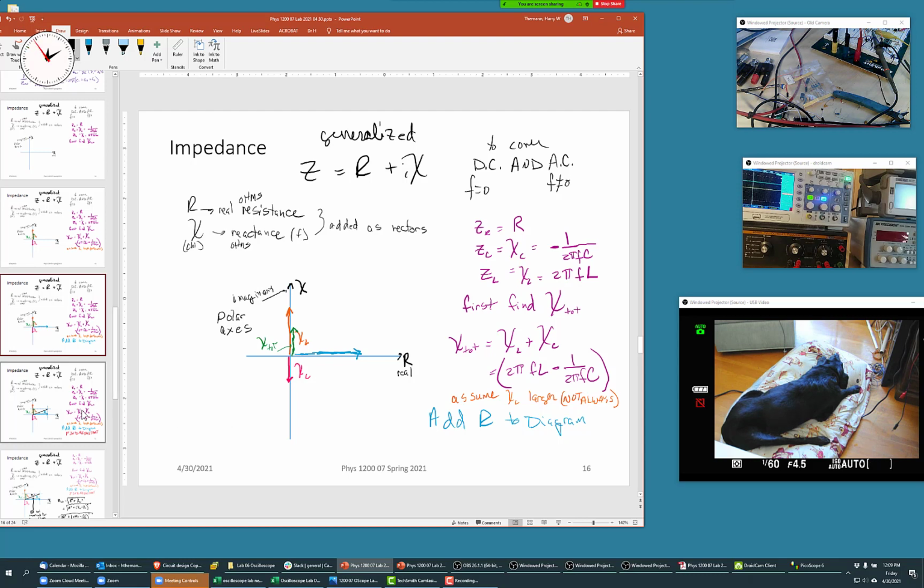And so then what you do is you find the resultant of adding together chi total and R. This is the right triangle, and this is where the Pythagorean theorem comes in. I'm hoping we went over this. You guys have seen vectors and vector components, right?